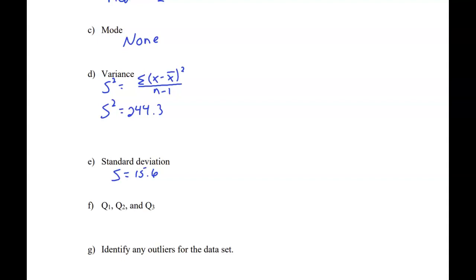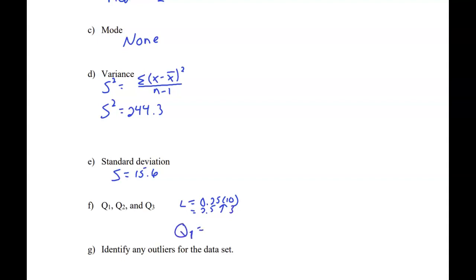Quartiles, Q1, Q2, Q3. Remember that they're quarters, they're locations. So location will be at 0.25 times 10. So you'll get 2.5. If you get a decimal for location, you always round up to the next position.